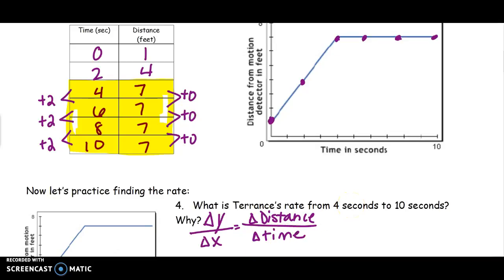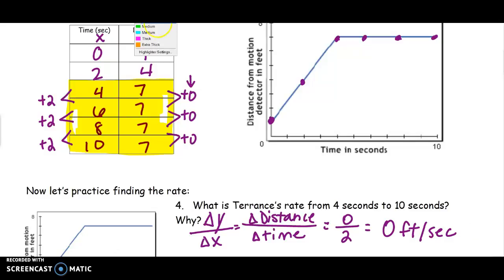Our distance is the y side, so our change in distance in this case was 0, because they're all the same, over our change in time, and we're looking at 2-second intervals. So he traveled 0 feet per second once you simplify.